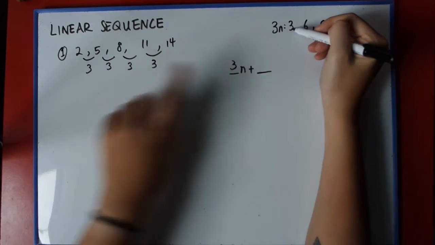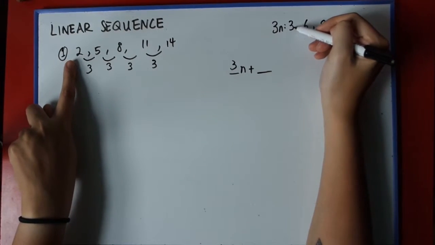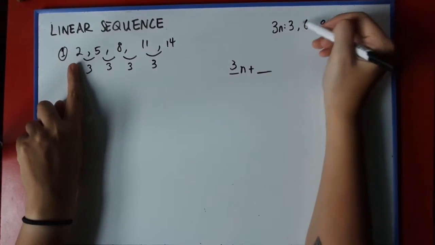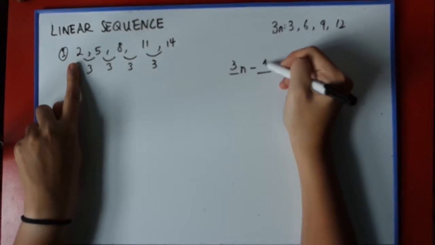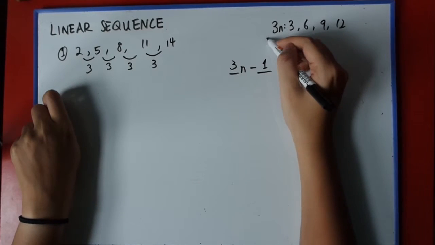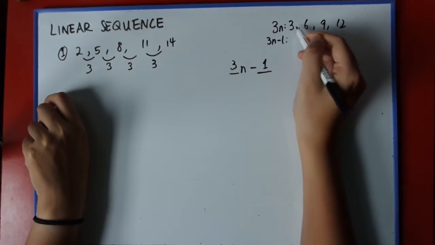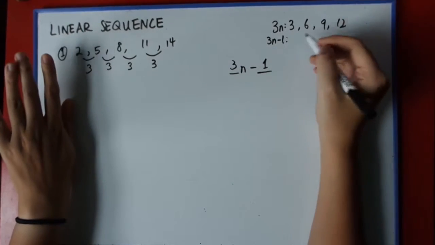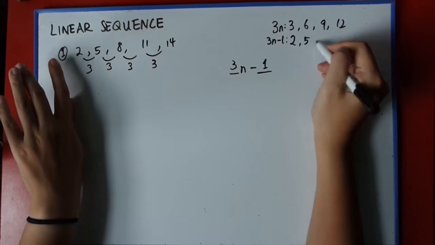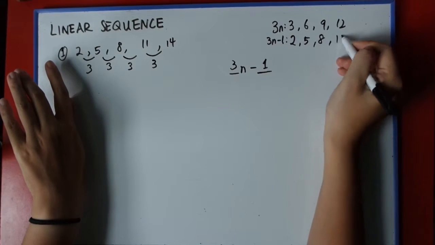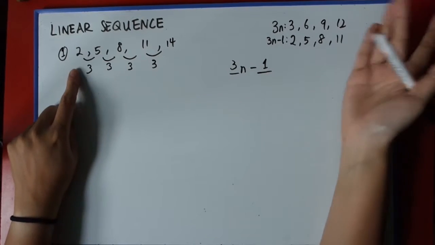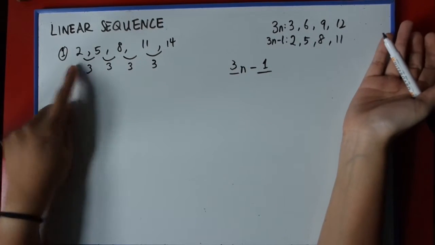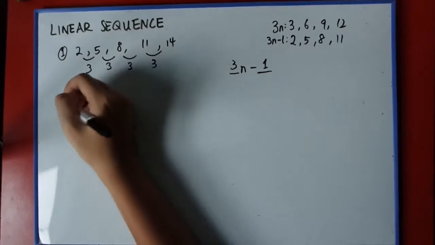Can you see that this sequence and this sequence are 1 apart? So I have to minus 1. Because if I take 3n and I minus 1, I'm shifting everything essentially to the left by 1. So I will get this, which is exactly that. Can you see that?